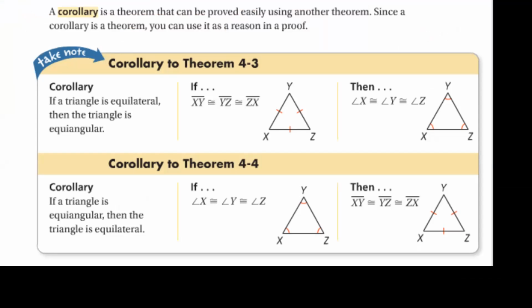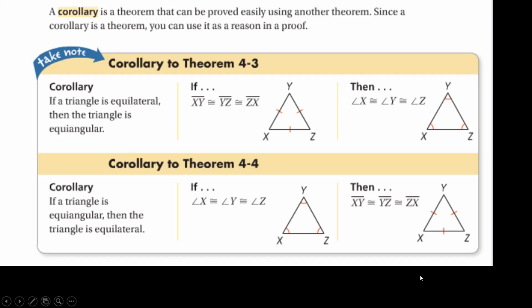Here now, he talked about three sides. If these three sides are congruent, like this one here, XY and YZ and ZX, if all of these sides are congruent, then their opposite angles will be congruent too.